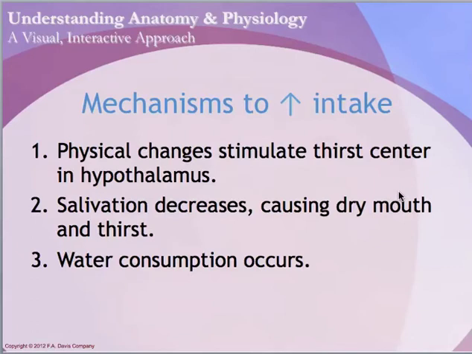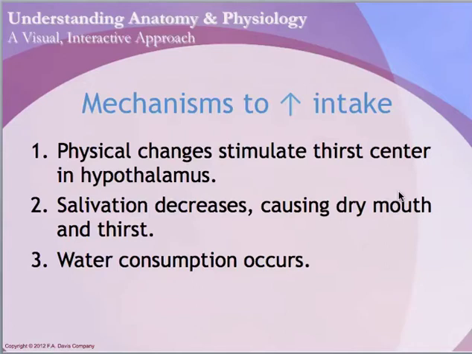So we have mechanisms to increase intake. Physical changes stimulate the thirst center in the hypothalamus, telling us that we're a little bit dry. So it tells the hypothalamus that we're thirsty. Salivation decreases. We get this dry mouth, okay, and thirst. That alone makes us consume water.